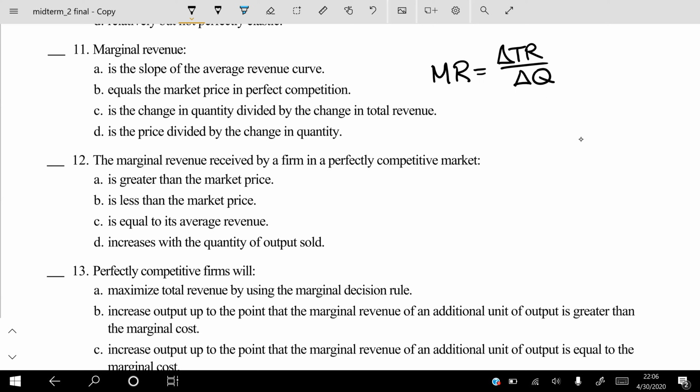It's equal to market price in perfect competition. Is it the change in quantity divided by the change in total revenue? It's the price divided by the change in quantity. So again, in the models we're looking at, marginal revenue is always going to be the price in perfect competition. The answer here is B.